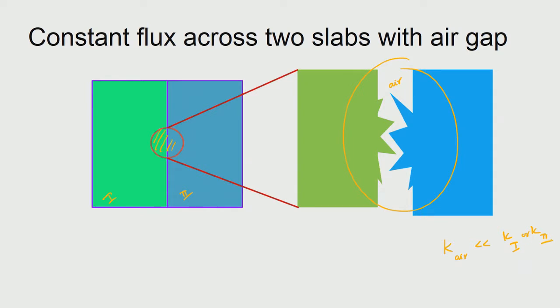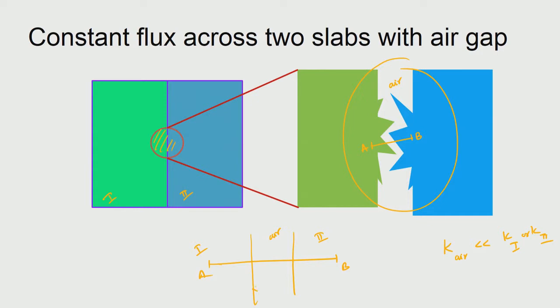So, when you try to plot the temperature across a location like AB, if you look at the layer differences, this is the first layer, this is the second layer, and this is the air gap.